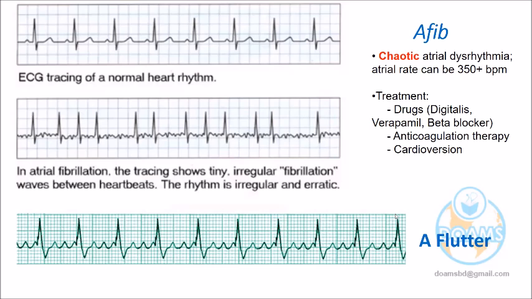But if it is regular, as you see below, regular, but the P wave is abnormal, or the P wave has the so-called sawtooth appearance, whatever. Suppose in this ECG also the P wave is abnormal, but RR is normal. If RR is normal, we cannot say this is atrial fibrillation. If RR is normal, we will say atrial flutter.